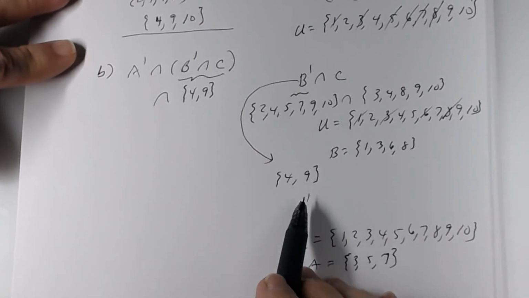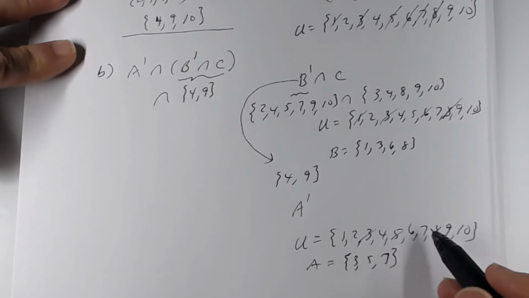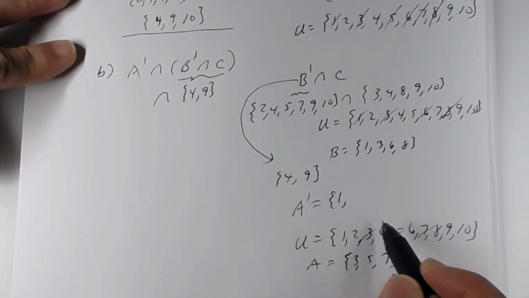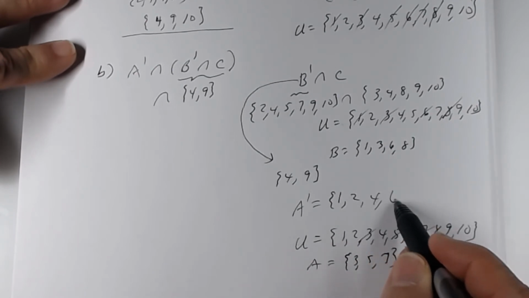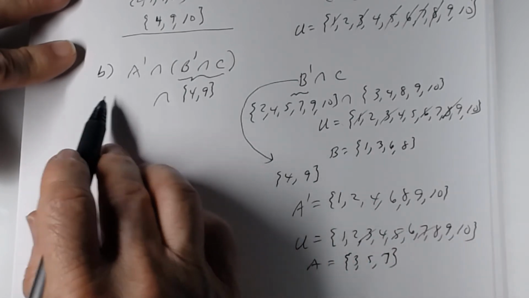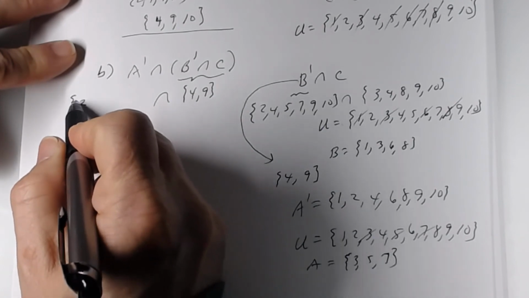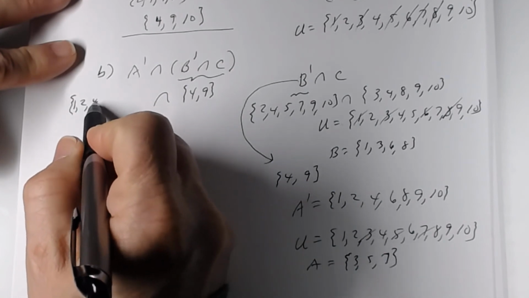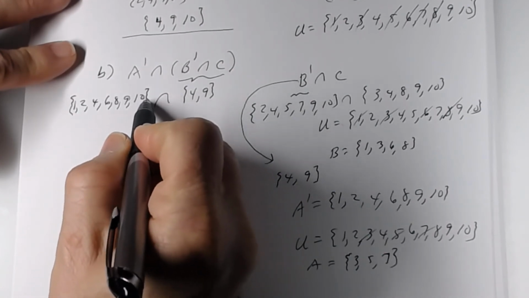Do y'all agree that A complement is all of this except which ones? 3, 5, and 7. So A complement is 1, 2, 4, 6, 8, 9, 10. So that goes here: 1, 2, 4, 6, 8, 9, 10.